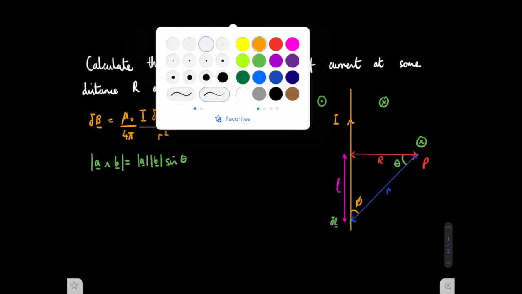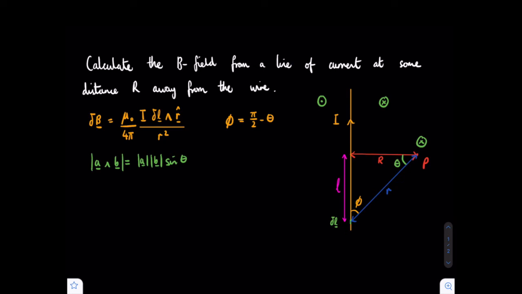So we can rewrite the Biot-Savart law in the following way in this question. Mu naught over 4 pi, I. And then since we're doing a cross product and only taking the magnitude, this would only be the size of the magnetic field.